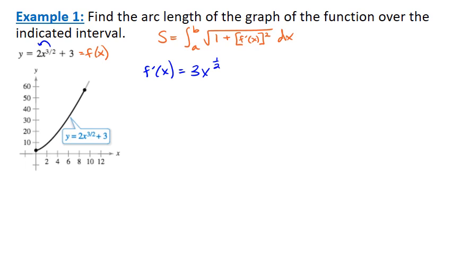Now, the interval that we're interested in is from 1 to 9. I'm sorry, from 0 to 9. So that will be our limits, our a to b, our limits of integration. So s is equal to the integral from 0 to 9 of the square root of 1 plus the derivative, which we found to be 3x to the 1/2 power, and this is going to be squared.